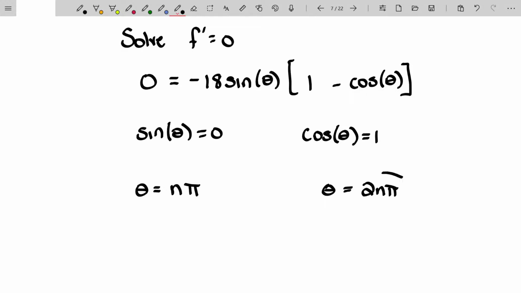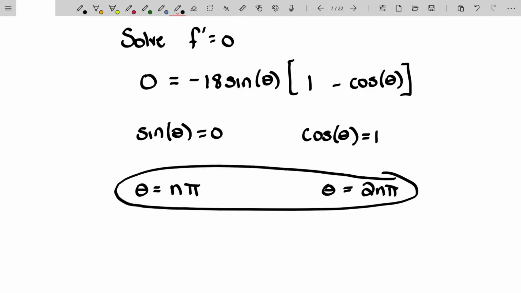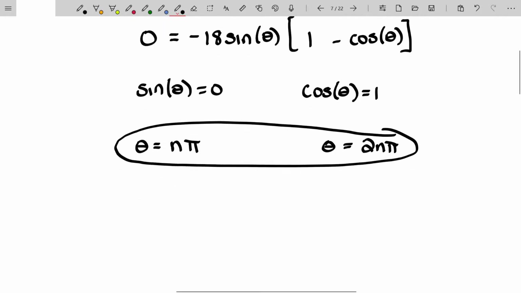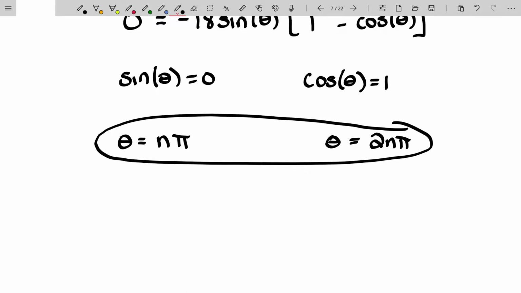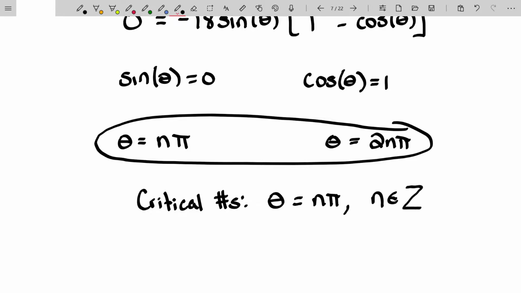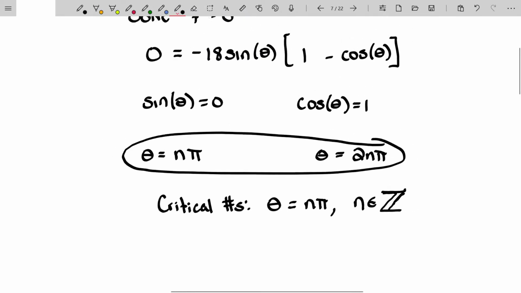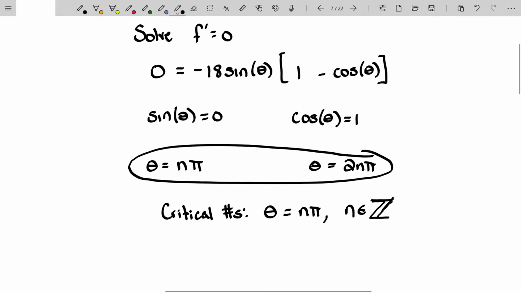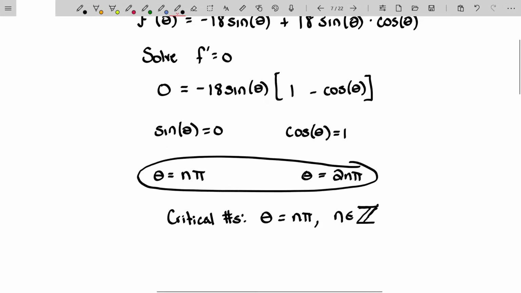These overlap, so you only need to really state the first one. And so critical numbers are theta is equal to n pi, where n is an element of the integers. It's just any integer constant multiple of pi. Those are the critical numbers.